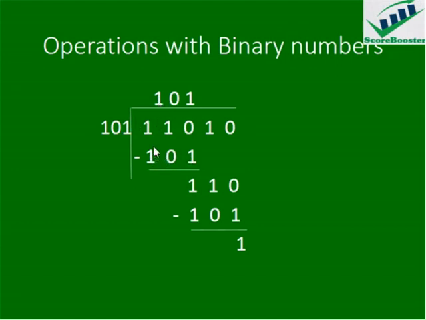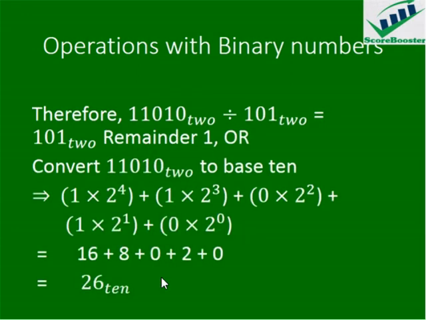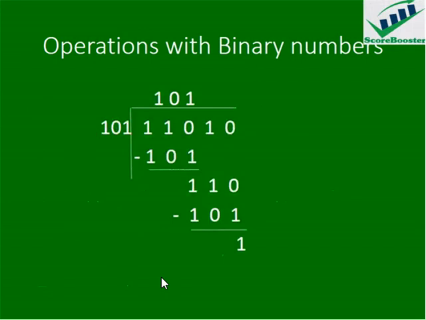You arrange it under 110, then you subtract. When we are looking for numbers to divide, we use our normal division, but when you want to subtract, you use the method for subtracting binary numbers.